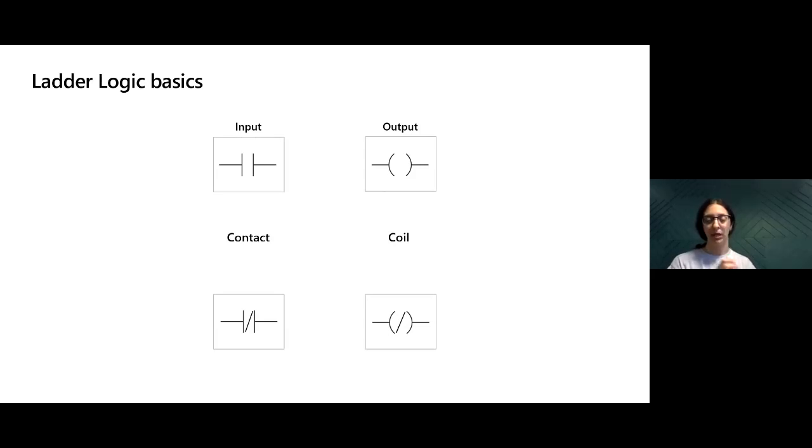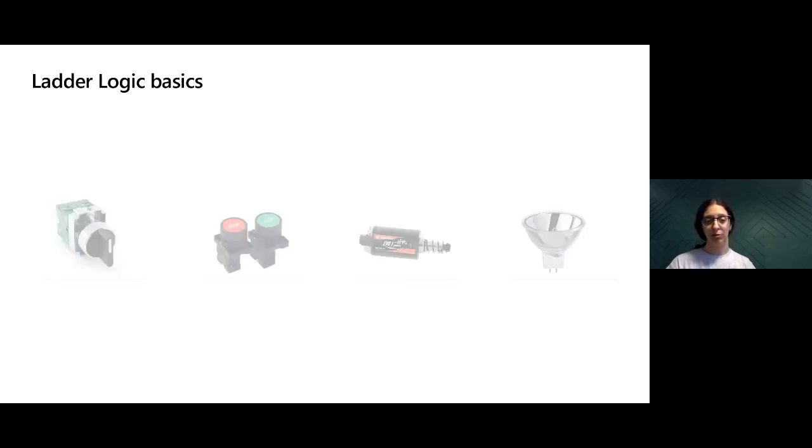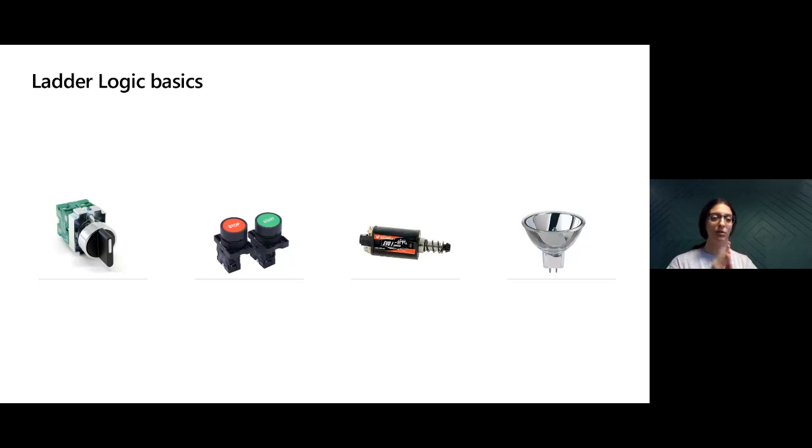We can create logical gates using these contacts and coils, like AND, OR, NOT, and XOR. At the bottom line, a ladder logic program is a set of connections between contacts and coils. The inputs and outputs in a program may refer to logical tags, structures, and of course physical devices, as we can see here.